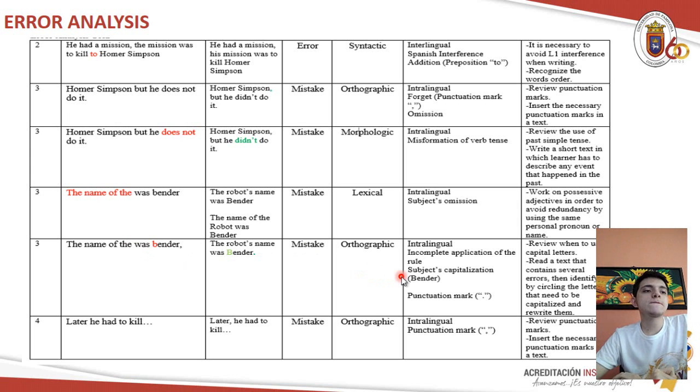Okay, he used the comma instead of the period. So for that reason, I suggest to review when to use capital letters, read a text that contains several errors, then identify by circling the letters that need to be capitalized.